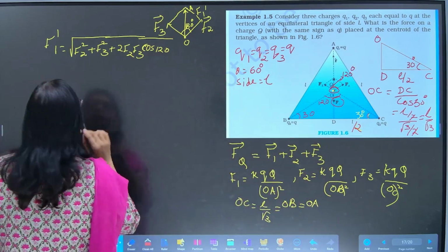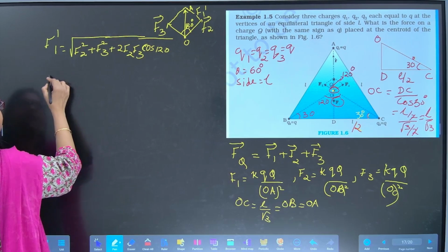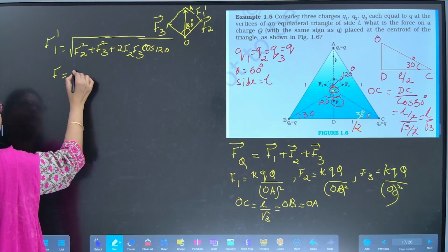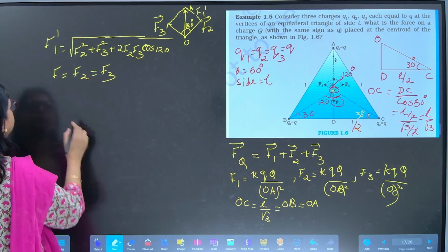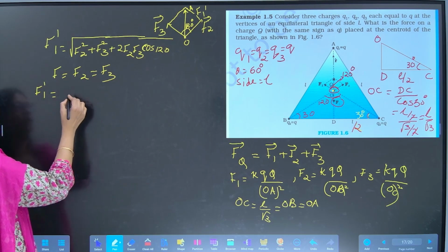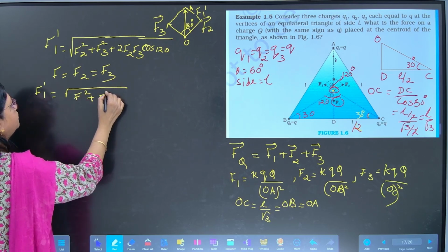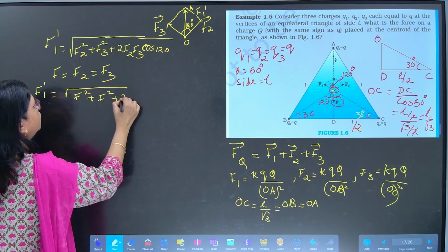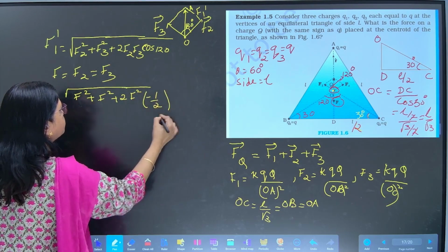Let us substitute 120 as the angle between the two vectors F2 and F3, such that we can write F equals F2 equals F3, as can be seen from the magnitudes. So F1 dash, which is the resultant of F2 and F3, is equal to root of F square plus F square plus 2 F into F, which is again F square, multiplied by negative half.